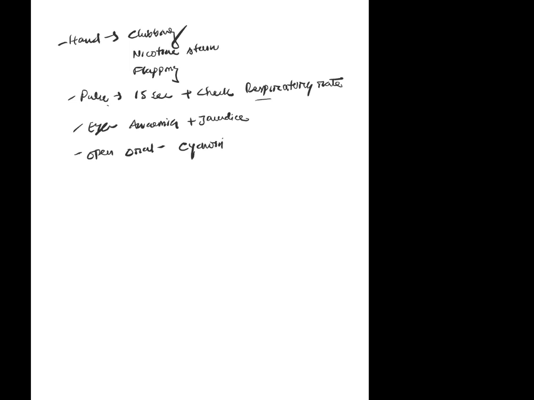Now you will check the neck for any neck vein, that means JVP. Here you will just observe whether any prominent neck vessel is present or not, but you don't need to examine the JVP properly. You just check the prominence of the neck vessel.